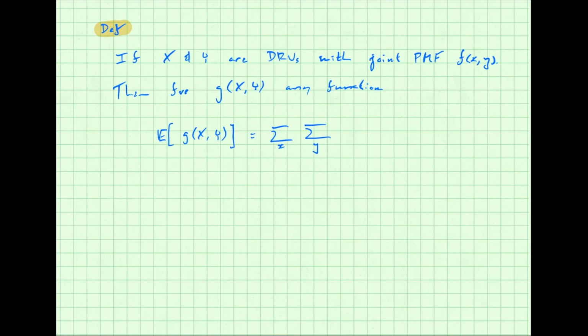And so we put in the value of the function and then multiply it by the probability mass function. And again, we're using that shorthand notation where the index of x on the sum means the sum over all possible values of x for which the probability mass function is non-zero, and likewise for the y sum.